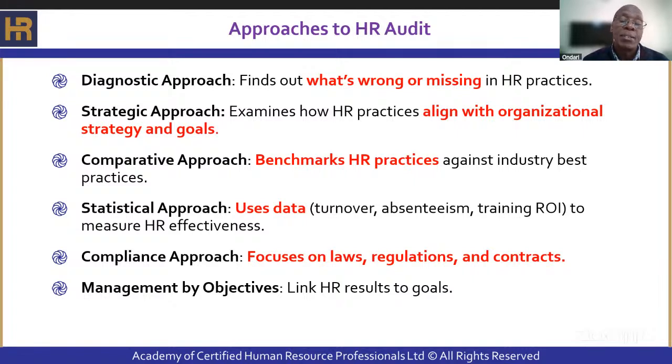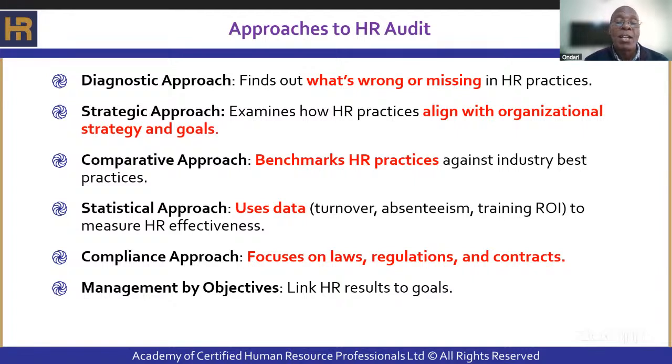We can audit other functions like compensation. What are the statistics or what are the metrics in compensation? One, the cost of compensation of employees overall. How much does it cost the organization to pay its employees?